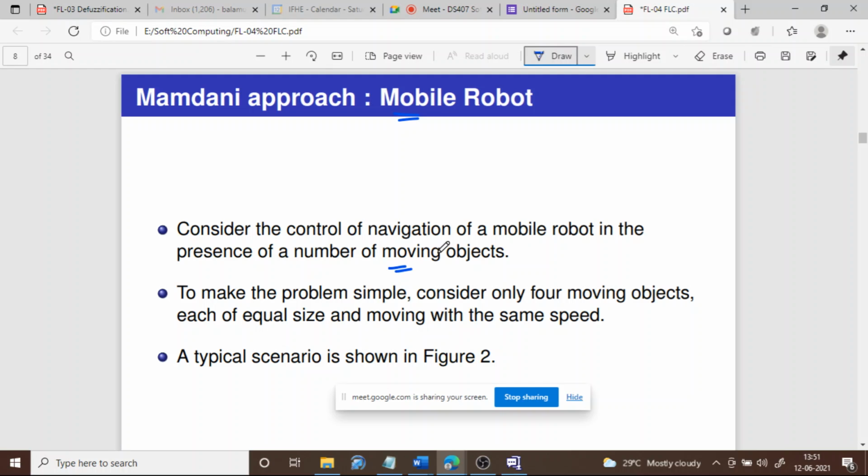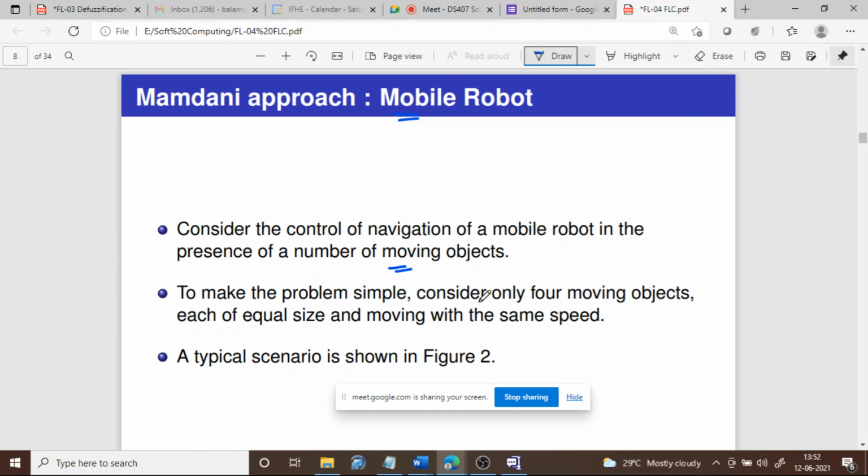Actually, it is a complex problem because in the real world there will be many objects. The objective is that the robot should move without hitting any of the objects. So it's a complex problem, and we simplify the problem to a certain extent, something like this.